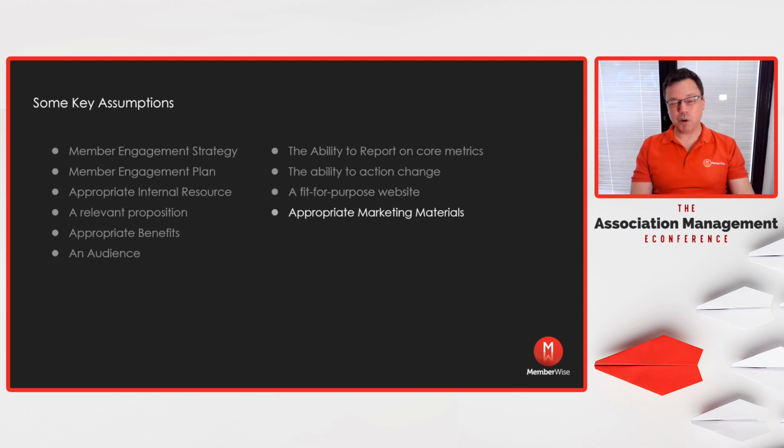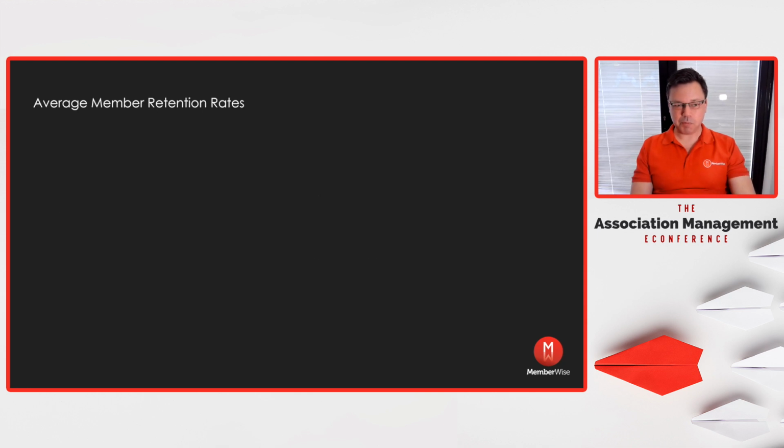We need to have appropriate marketing materials at our disposal to be able to deliver effective campaigns. And we also need supportive stakeholders who will help us to amplify our activity. And ultimately that will drive advocacy. The more advocacy you can achieve within your organisation, the more impact you can have and the more you can amplify that proposition without drawing on internal resource.